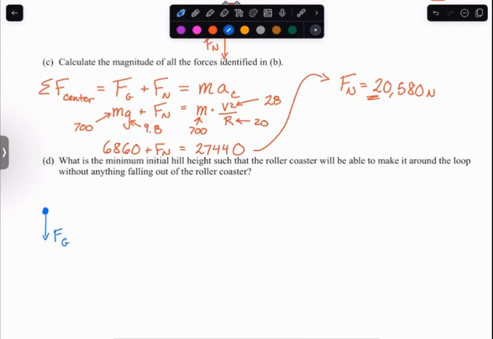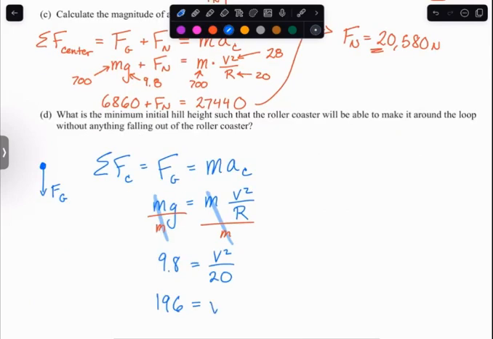So the sum of the forces towards the center is just Fg, and that's equal to mass times the acceleration to go towards the center of the circle. I'm going to solve. I'm going to divide both sides by m. In order to solve for my velocity, I'm going to put in the radius of the circle and g.